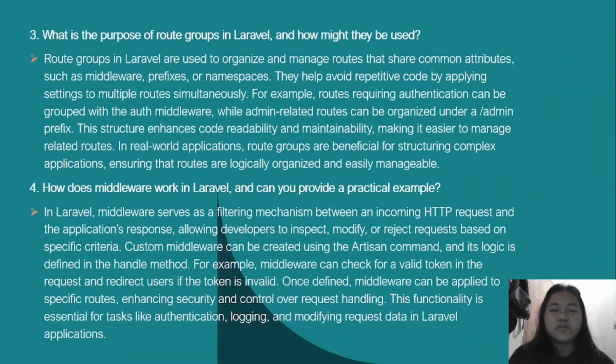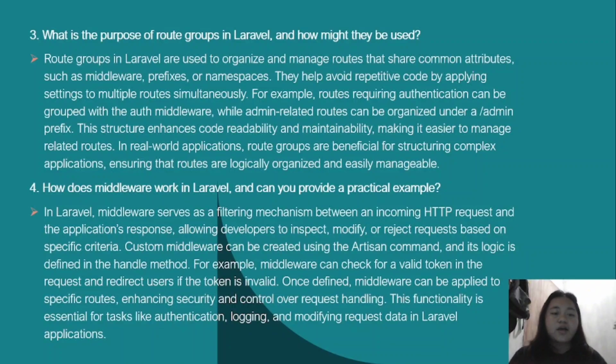For example, routes requiring authentication can be grouped with the auth middleware, while admin-related routes can be organized under an admin prefix. This structure enhances code readability and maintainability, making it easier to manage related routes. In real-world applications, route groups are beneficial for structuring complex applications, ensuring that routes are logically organized and easily manageable.